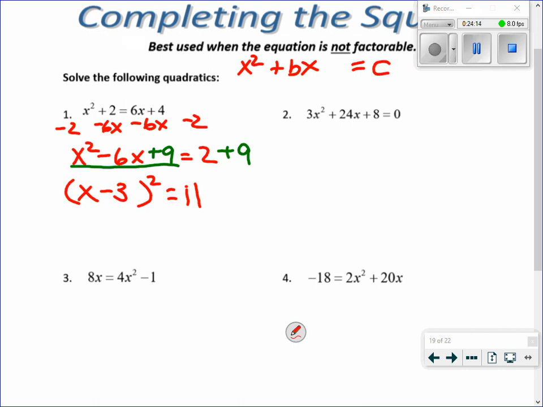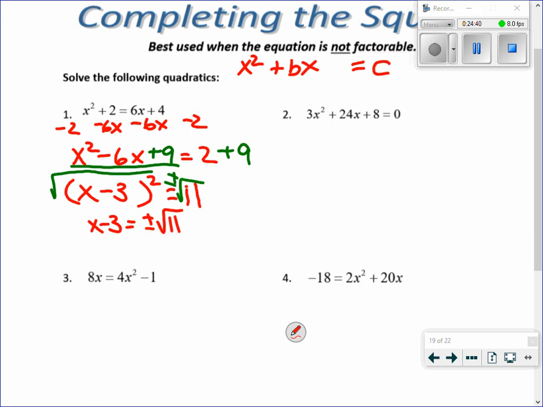How are we going to solve for x from here? So what would I do next? How do I get rid of the squared? Square root both sides. So when I square root, I have to remember that plus or minus. So we just have x minus 3 is equal to plus or minus square root 11.